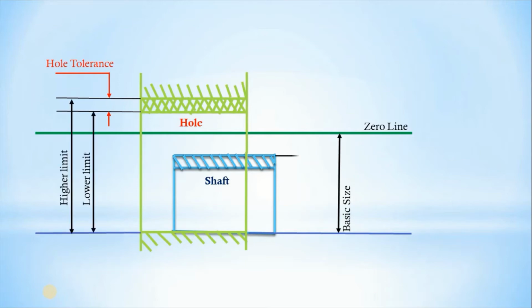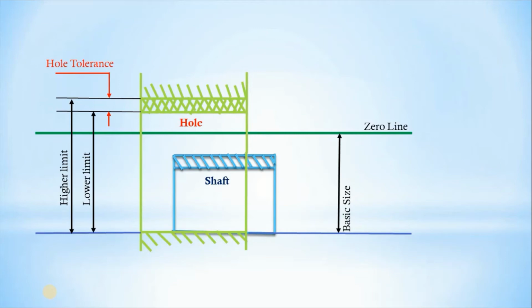One is the higher limit, another is the lower limit. The higher limit is the maximum size of a hole based on the hole tolerance, or it is called the maximum permissible limit, and the lower limit is the minimum permissible limit of the hole.